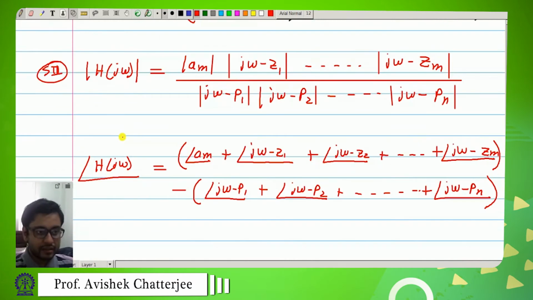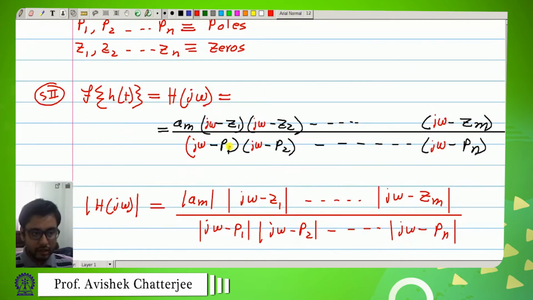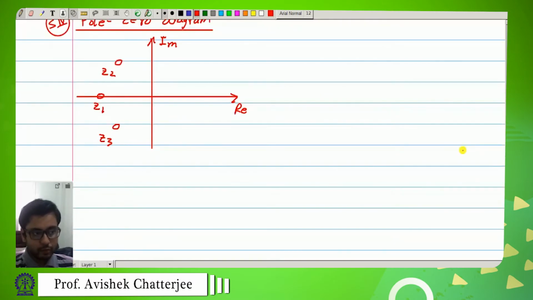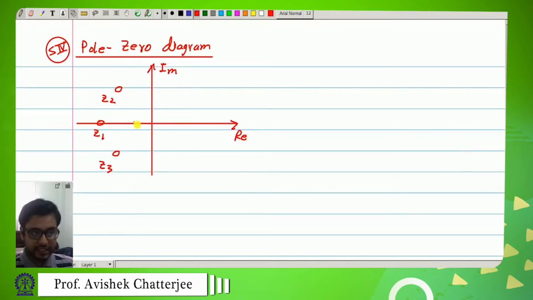In the same way, these poles P1, P2, Pn are also complex numbers, so we can put them in this diagram, and we will denote them with the symbol cross.